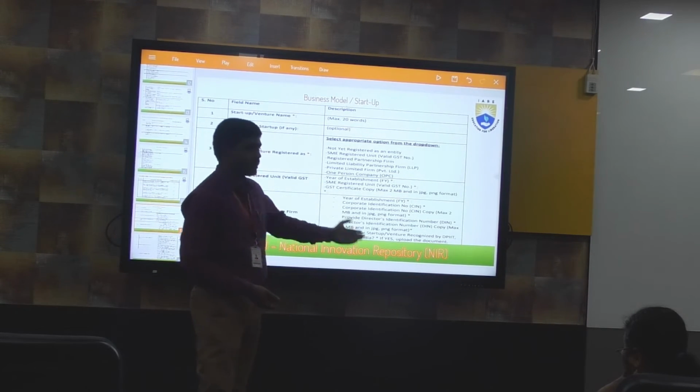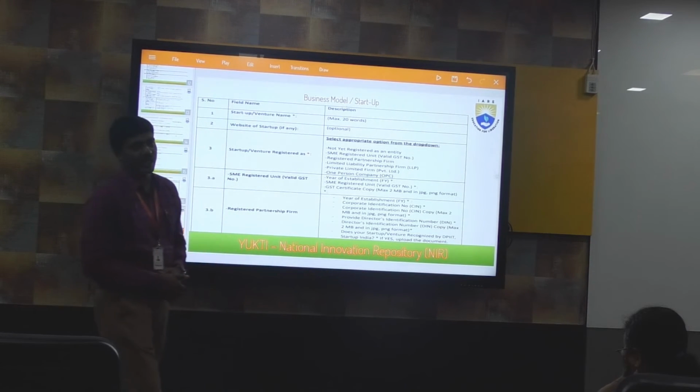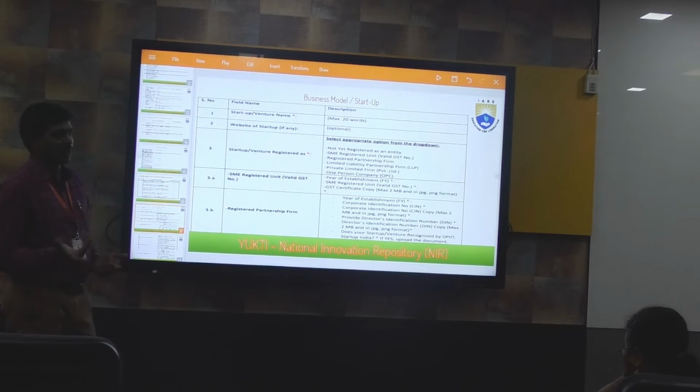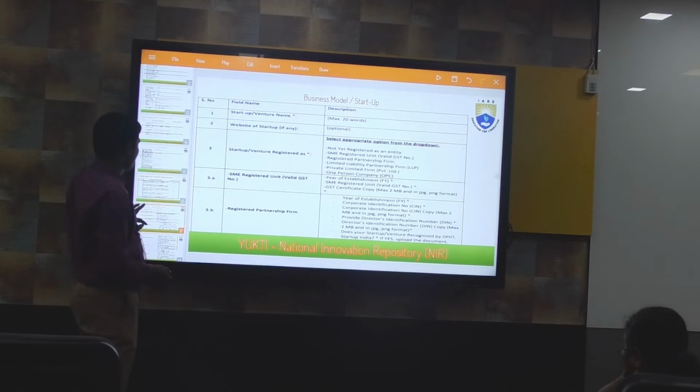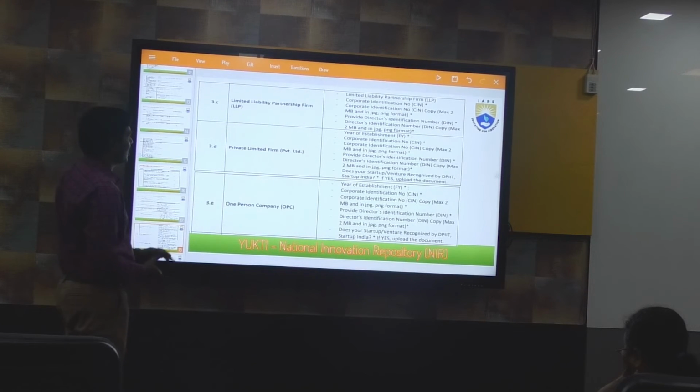All these details are needed. Whenever we try to register a startup, obviously there will be two things, CIN and DIN. CIN is the corporate identification number of your company. DIN is the director identification number of yourself. These two things are very important when we are talking about startups. There are different kinds of startups: limited liability partnership firm, private limited firm, one-person company.